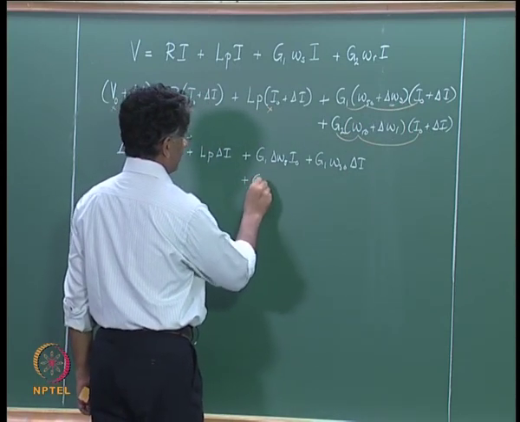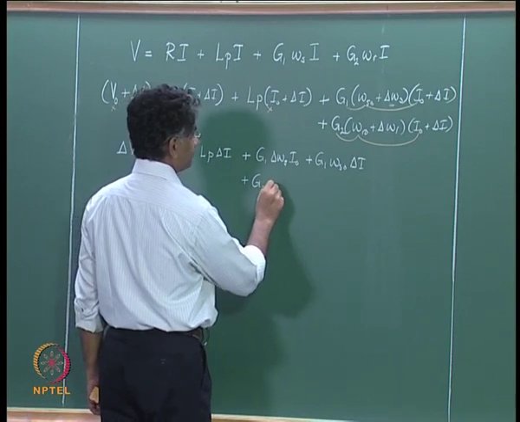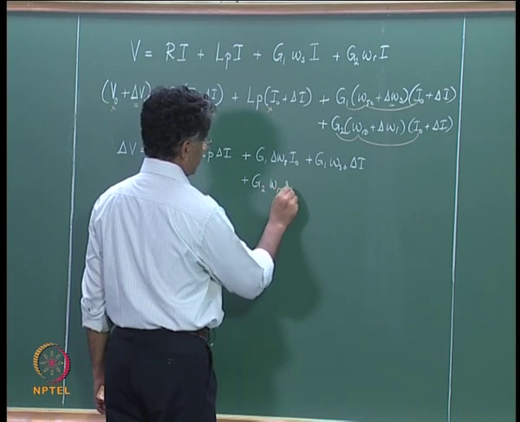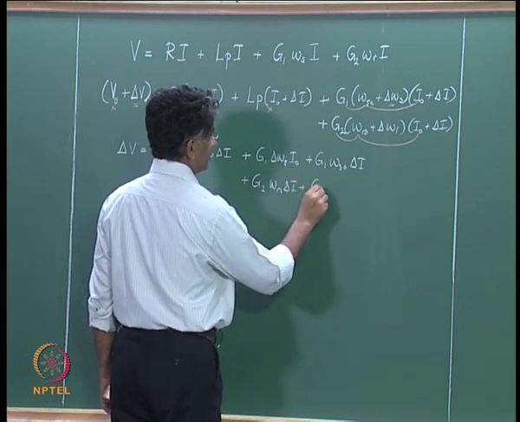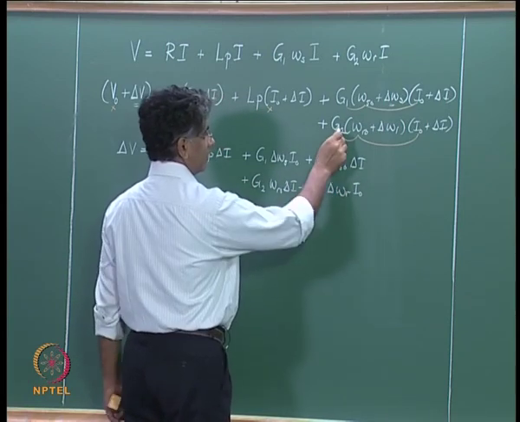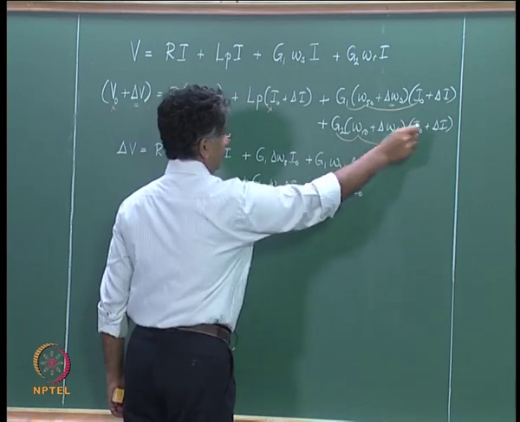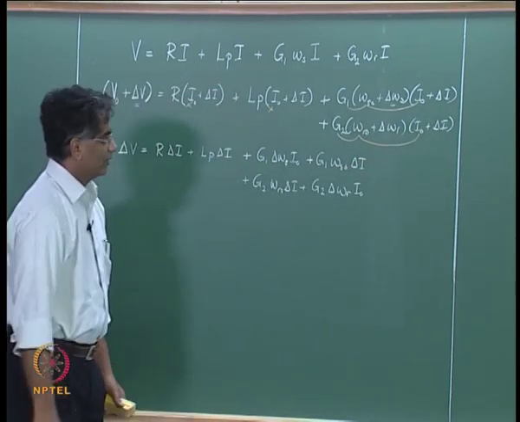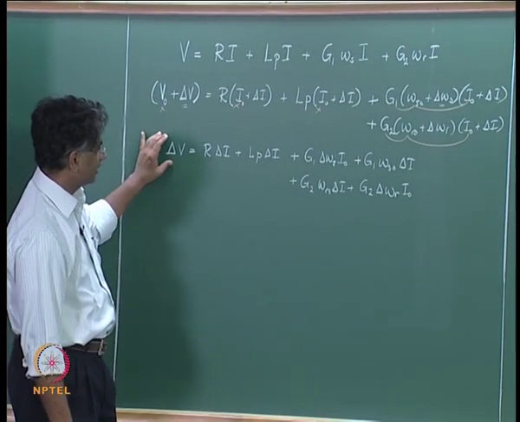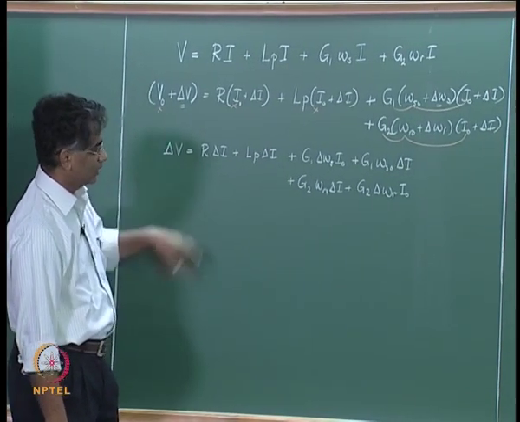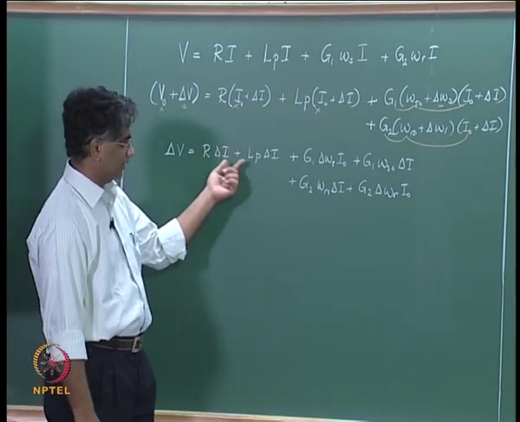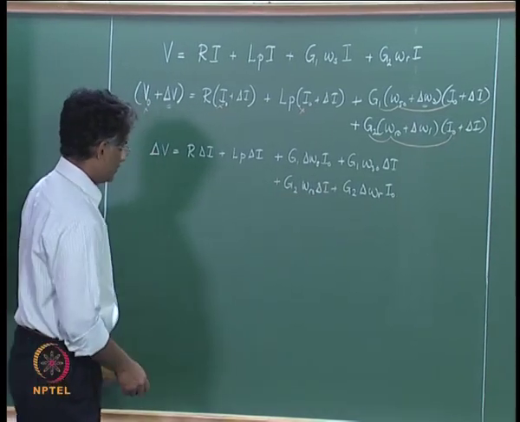And then you have G 2 into omega r naught delta I plus G 2 into delta omega r into I naught. Similarly, we neglect the term G 2 into delta omega r into delta I. So, this is an expression that relates the small signal inputs given as disturbances to the response, which is basically delta I and delta omega r.